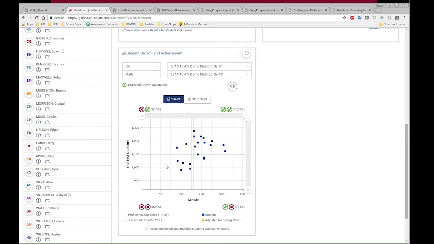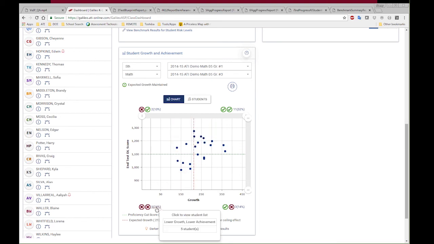You're going to know exactly who is really struggling, low growth, low achievement. They're going to be down here in this corner. Each student is a blue dot, and you can hover on the student to see who they are, what their growth score, or what their expected growth actually ended up being, or their actual growth. There's the terminology I needed, and what their final score was.